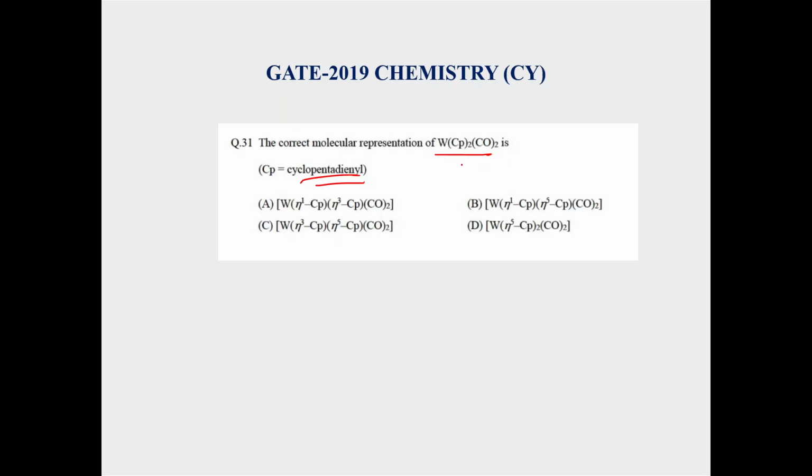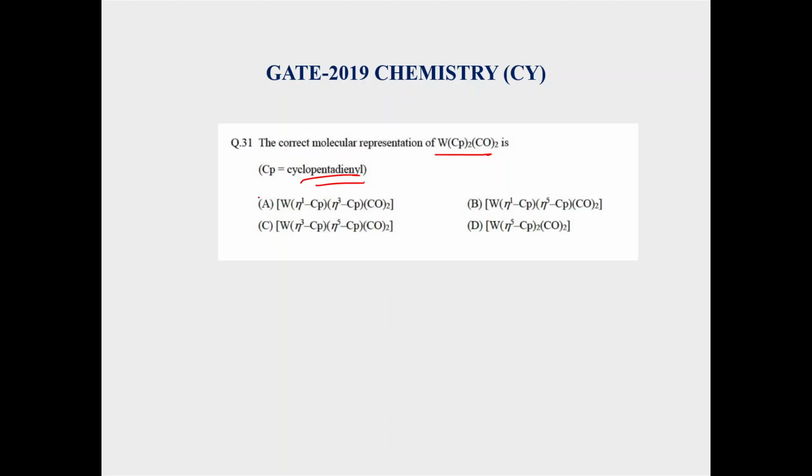As I always say, if we are given any organometallic question, we should always first think about the 18 electron rule. Among the given options, we will see which one satisfies the 18 electron rule. As we know, if there are 18 valence electrons, then the complex is the most stable one.